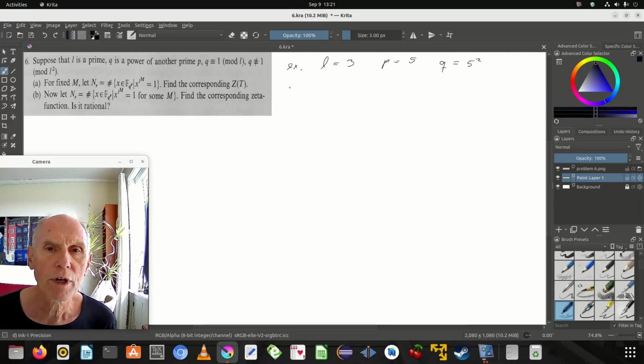Now, N1 is the number of solutions to the equation. Actually, we have to choose an M. Let that be 1 for the time being.